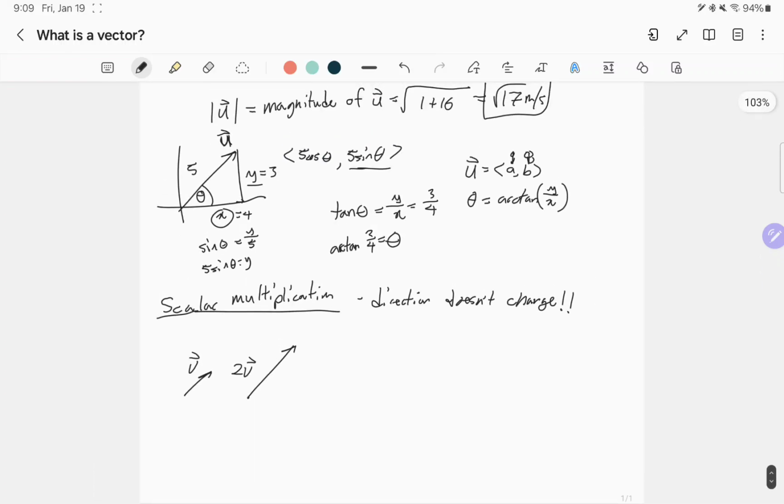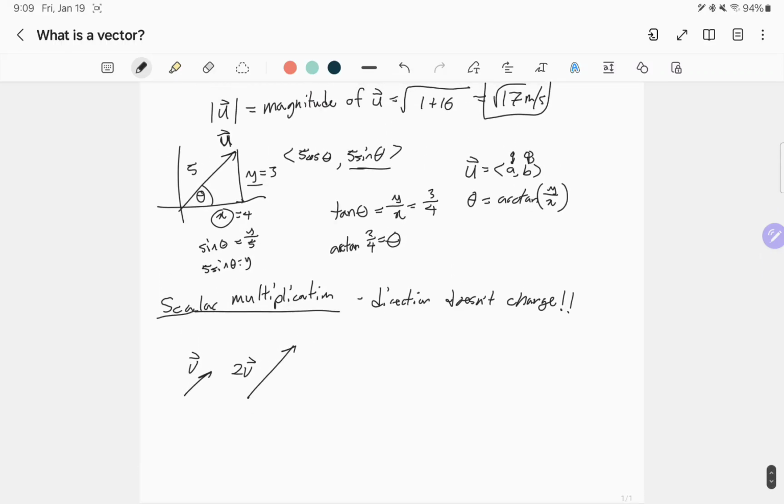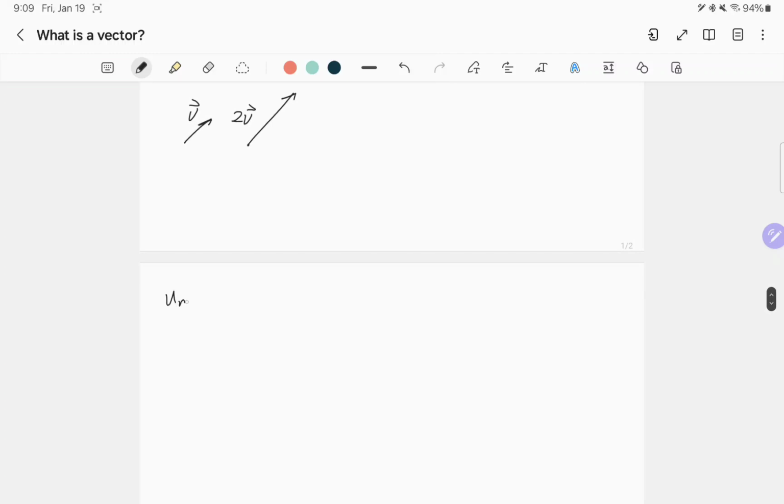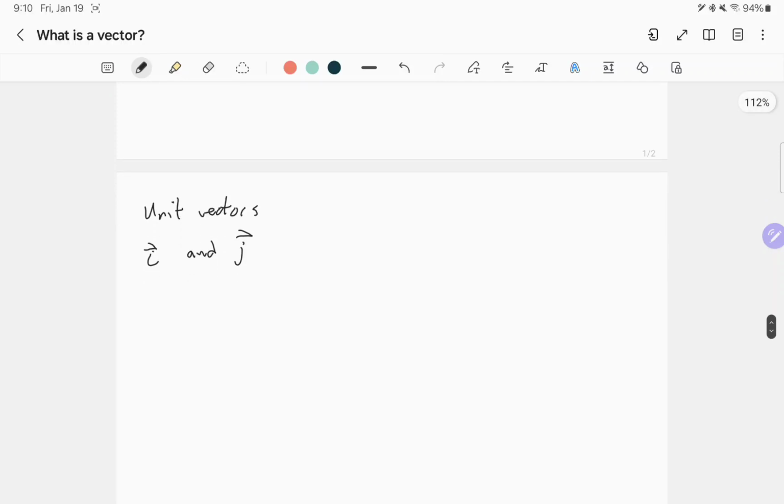And since direction doesn't change, it's pretty helpful for something called unit vectors. So our first unit vector is i. It's the vector i. And our second one is the vector j. And it's kind of annoying that they are just mirror images of each other, but we deal with that.